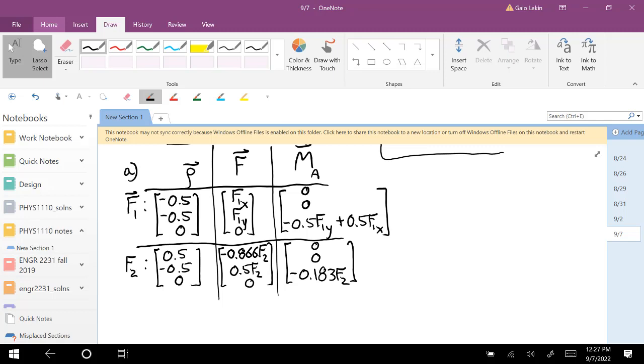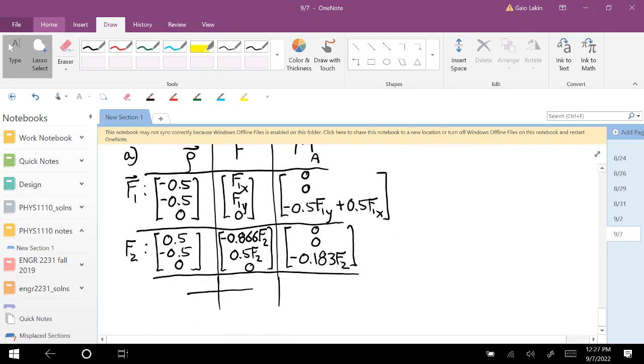There's one more load we have to deal with, and that's the couple. Remember, the couple doesn't depend on the about point at all. And so for couples, you can forget about rho, forget about force, and we just treat it as a pure moment. So this is the 450.